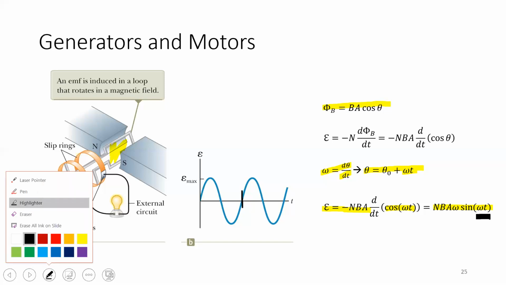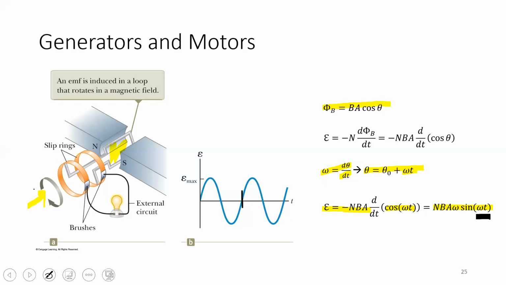And then, our maximum value. The maximum of the sine function is going to be 1, so our maximum value is going to be N, the number of turns of wire rotating through this field, the strength of our permanent field B, the area of our wires, and how fast we're going.